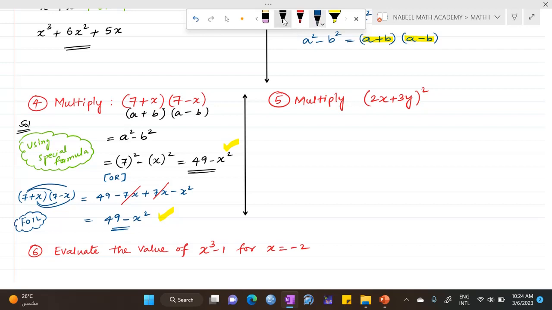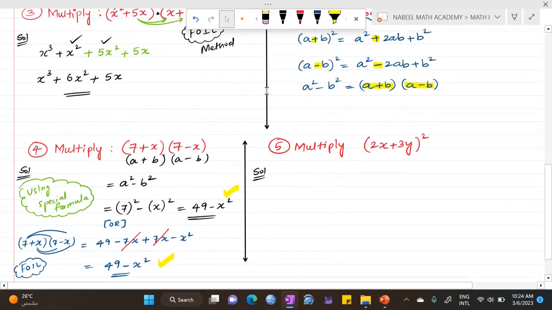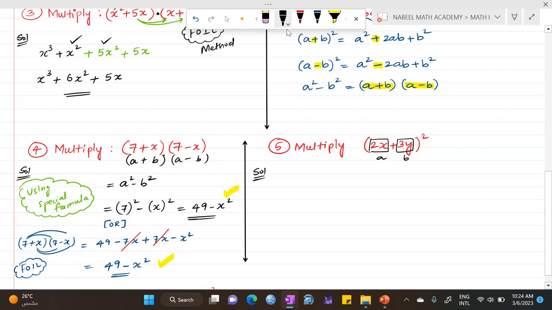Now similarly, there is a next problem we will have here. This is a whole square. Whenever you have a whole square, I will do this part as a plus b whole square. This part is a, and this part is b. When you have a plus b whole square, I have the formula a square plus 2ab plus b square.